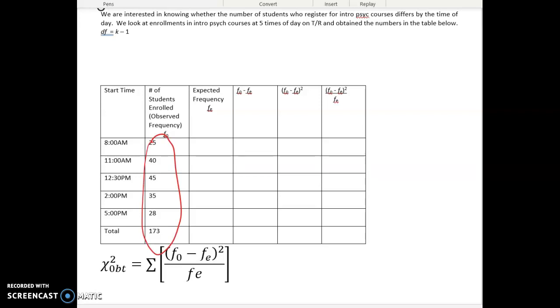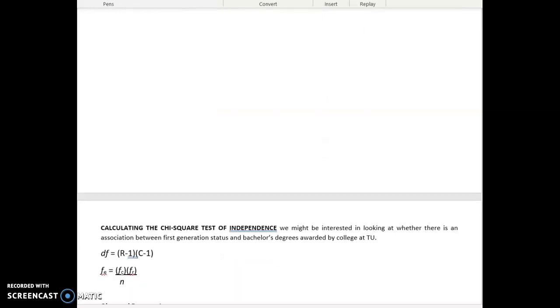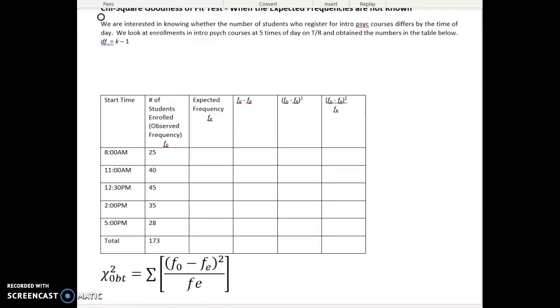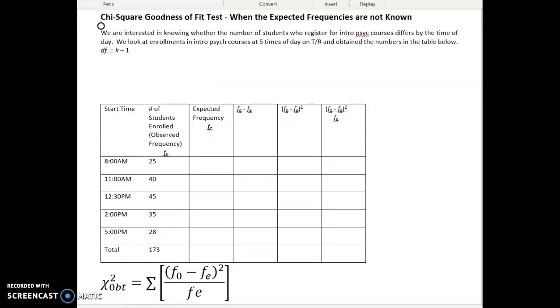Because we don't have a specific set of values, we need to determine an expected frequency. Generally, we will make the assumption that the expected frequency for enrollments in each of the times a day would be equal. And that's really how we do that.